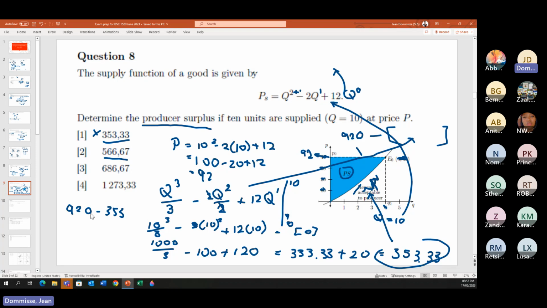If you added the 2 values, you would have gotten option 4. Okay, so just again to make sure, if you added the 2 values, you would have gotten option 4 as your answer.